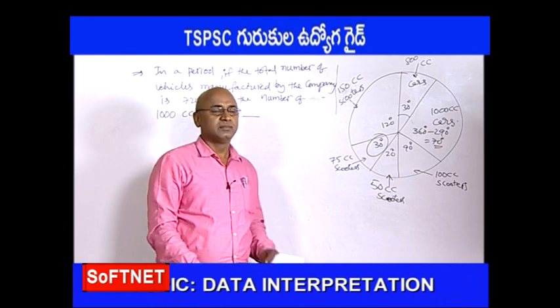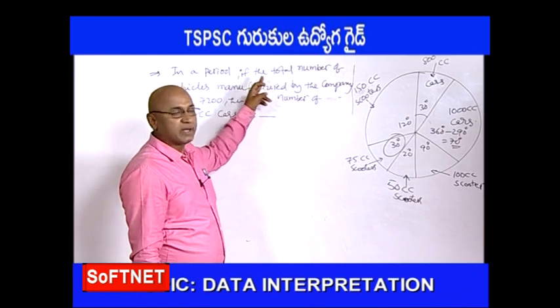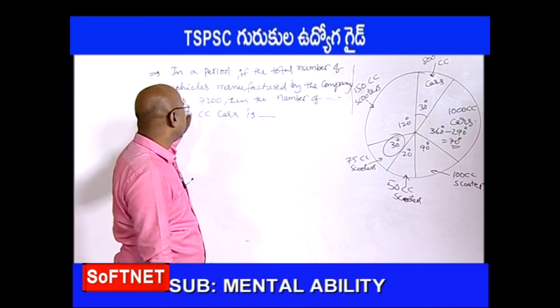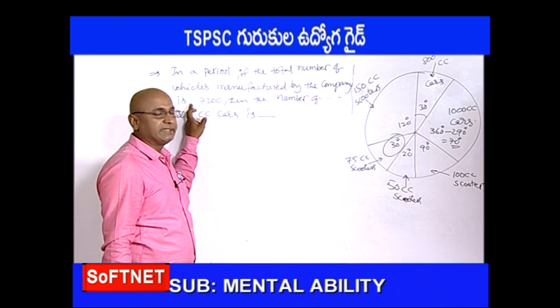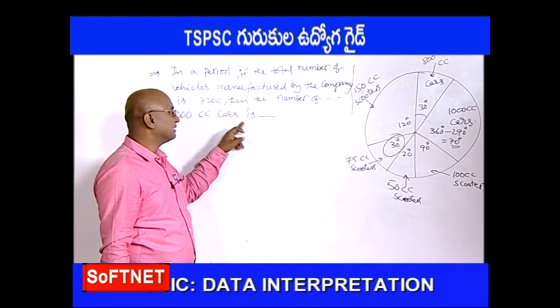Next problem. In a period, if the total number of vehicles manufactured by the company is 7,200, then the number of 1000 cc cars is?